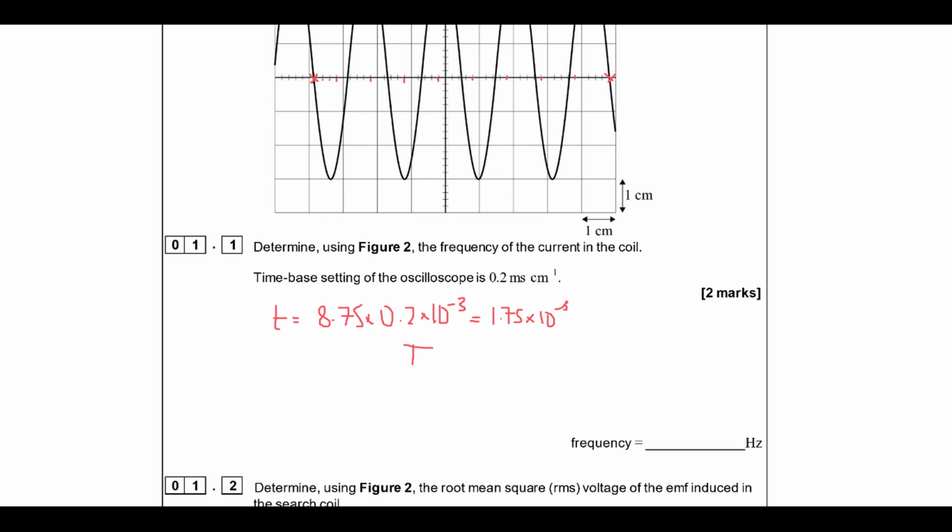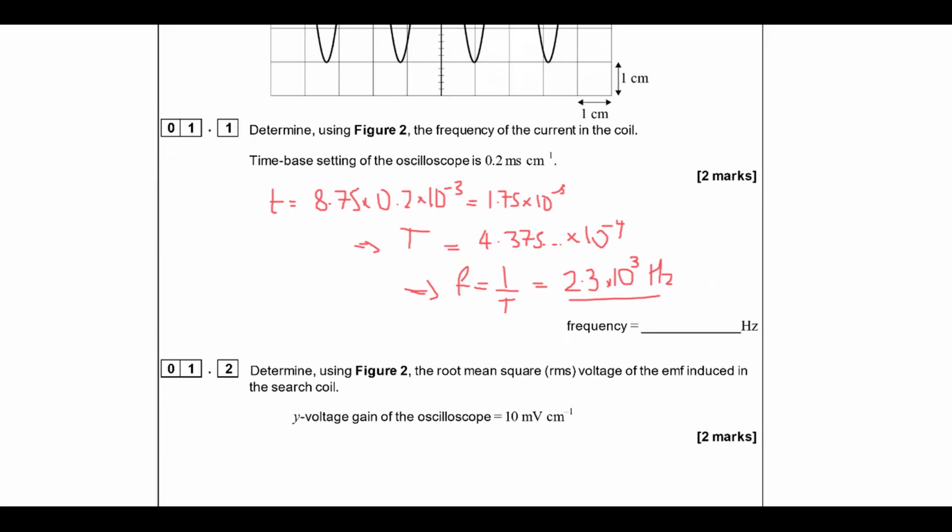So from that we can get the time period for 1, because I measured 4 cycles, so divide that by 4, it gives you 4.375 and so on times 10 to the minus 4. So frequency is 1 over time period, so 1 over that comes to 2,285, so that will be 2.3 times 10 to the 3 hertz, to an appropriate number of significant figures.